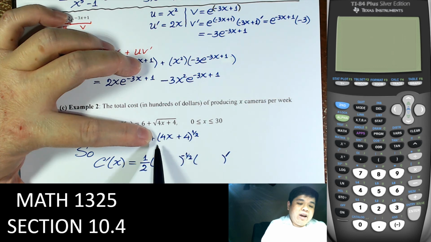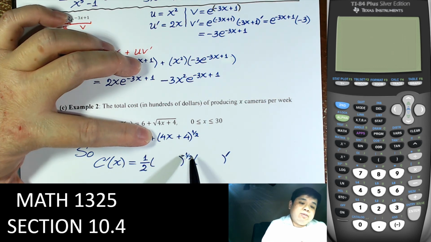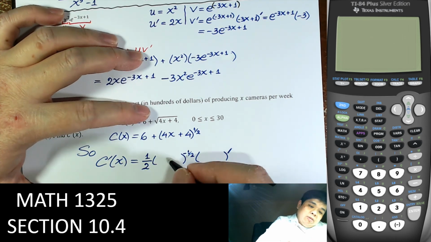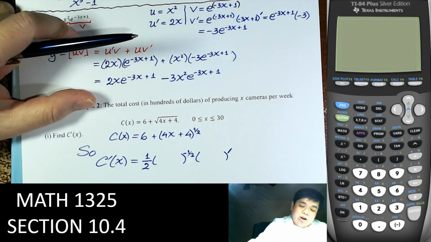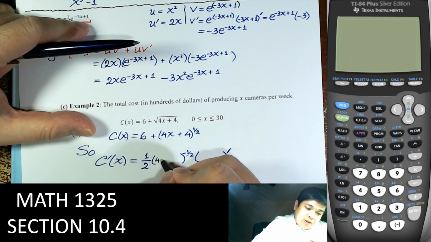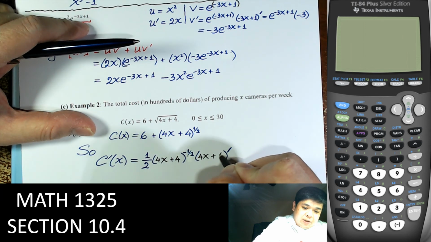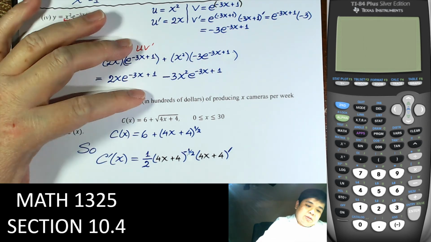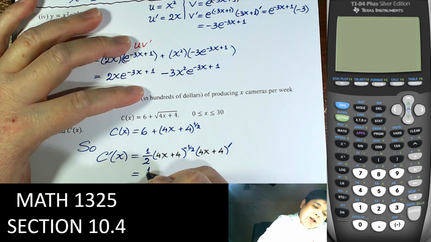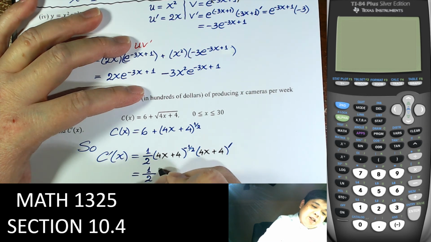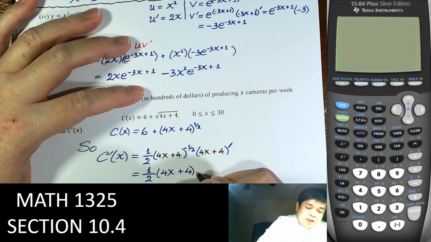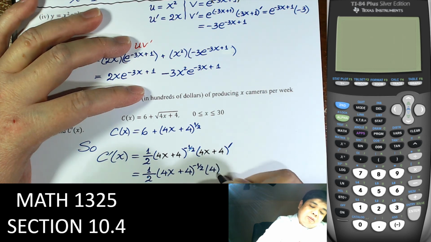I just have 4x plus 4 in it. So 1/2 for 4x plus 4 to the -1/2. And the derivative of this is 4. Right.